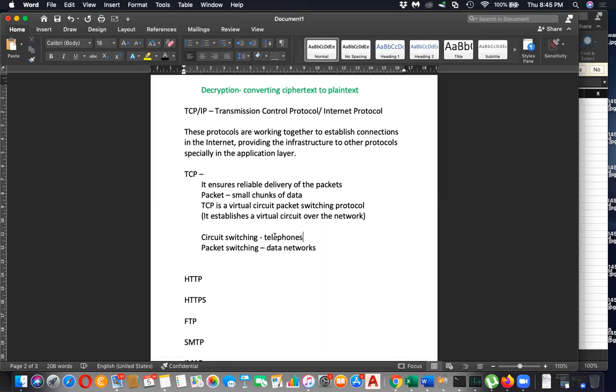That means there's a circuit between caller and callee. Assume that Bob is calling Alice. Then there will be a circuit between Bob and Alice.